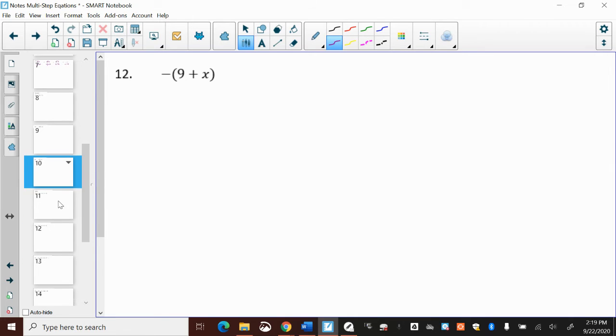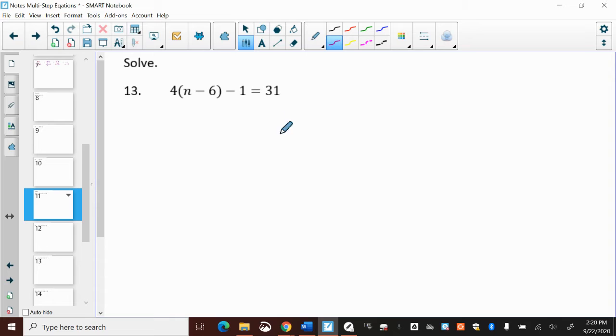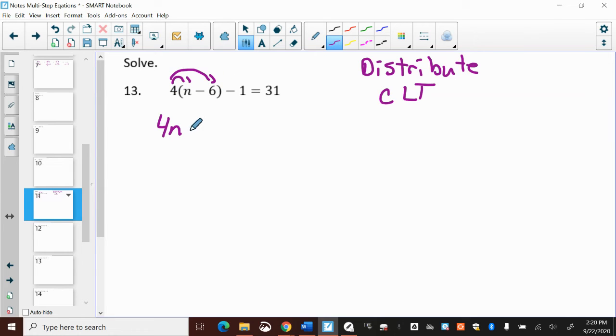Which brings us to our bigger multi-step equations with distributions. You want to distribute, then combine like terms. So we're going to distribute first, and then combine like terms, CLT. So let's do the distribution. You're going to take that 4, multiply it to both terms inside. 4 times n is 4n. 4 times negative 6, remember to take that sign in, is minus 24.